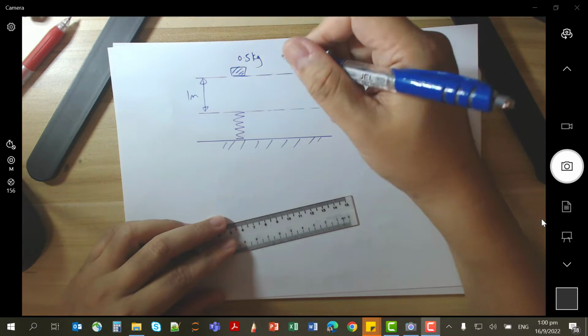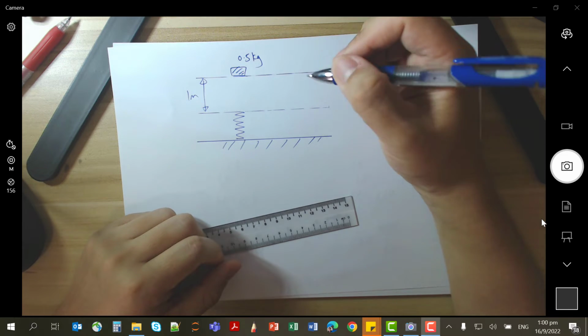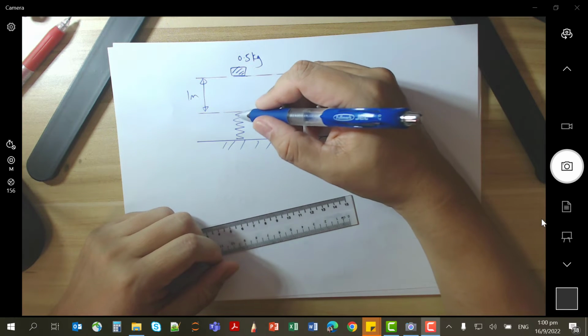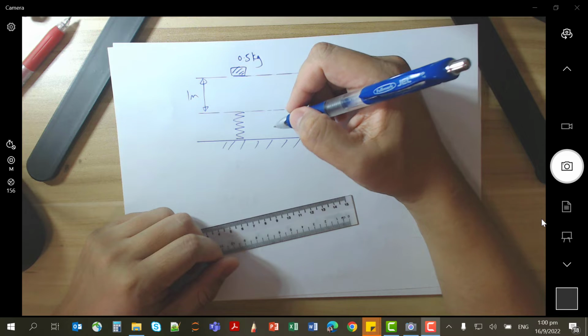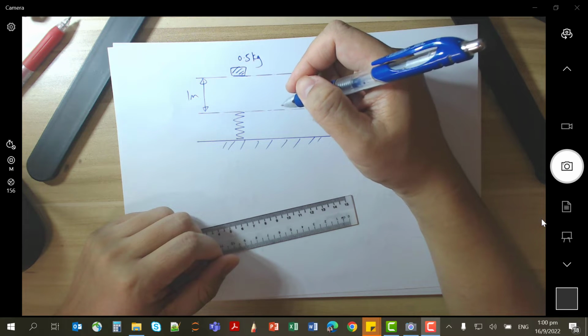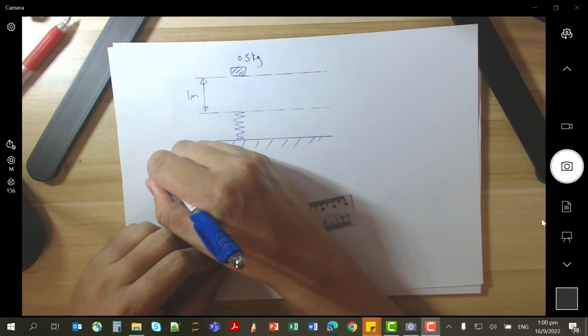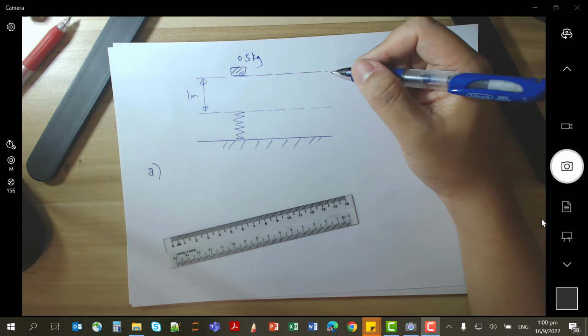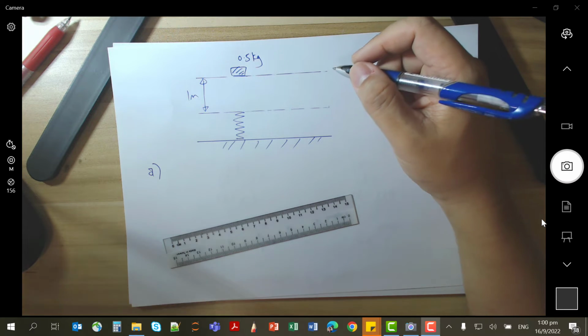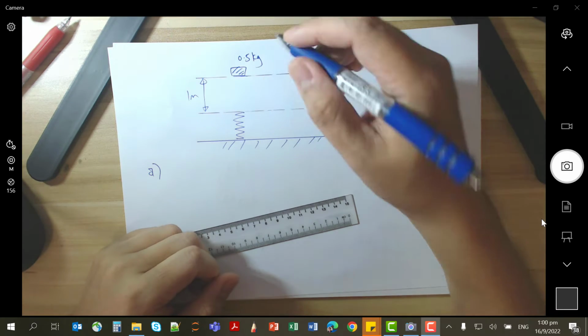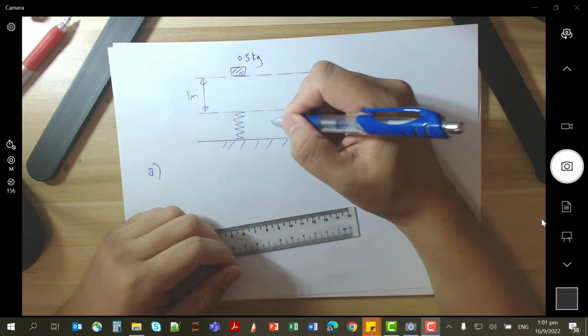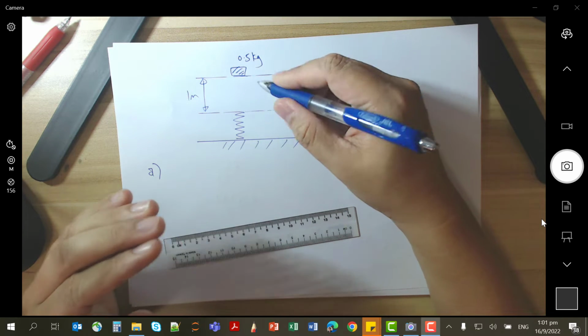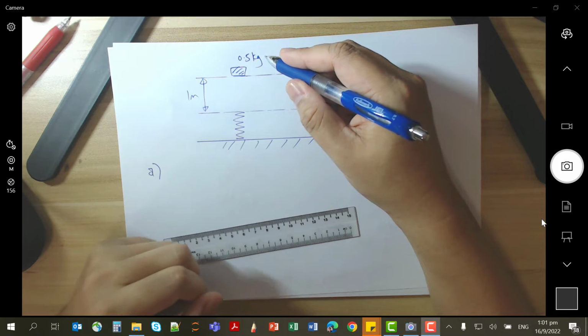That's the situation. Then you drop, and it hits the spring. Part A: it comes to a complete stop. So where exactly is it? It must have dropped and then compressed the spring until it stopped moving. V equals 0.